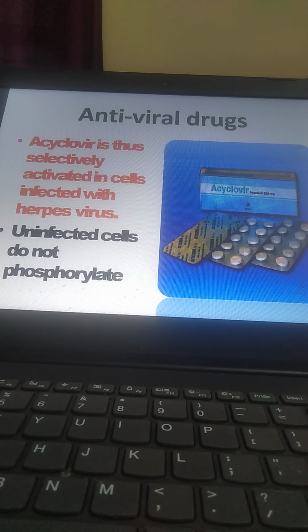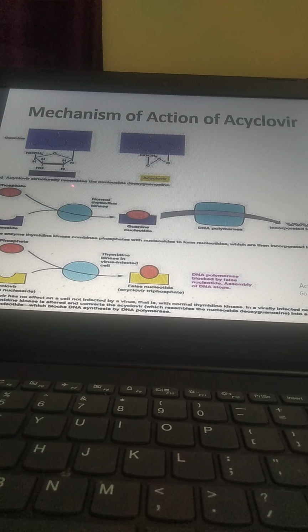Acyclovir structurally resembles the nucleoside deoxyguanosine. Then it is phosphorylated, and a guanosine nucleotide analog is formed. Then DNA polymerase is inhibited here, so reproduction is inhibited.